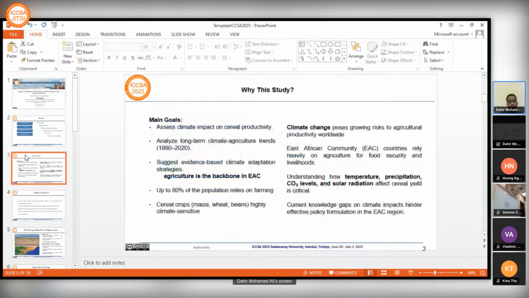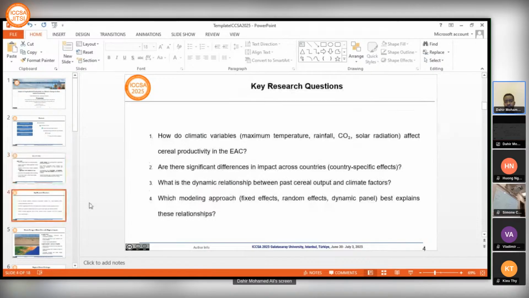Then, when we are talking about why we do this study, the main goals of our study are to assess the impact of cereal productivity, analyzing long-term climate change trends over 3 decades. Also, it suggests that agriculture is the backbone in East Africa.